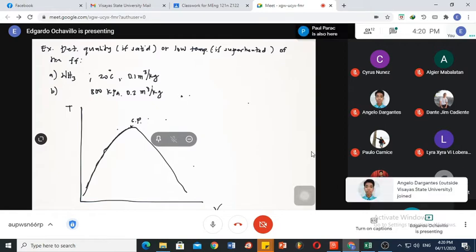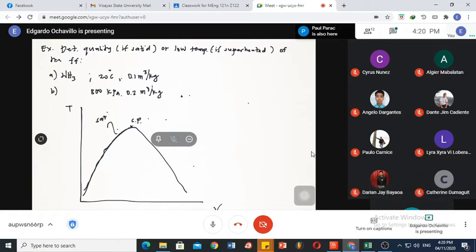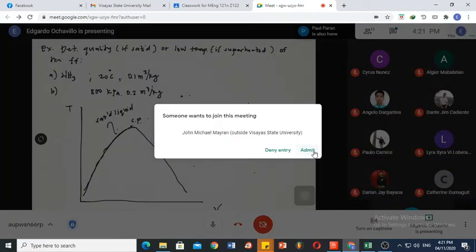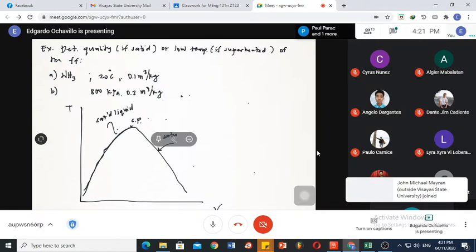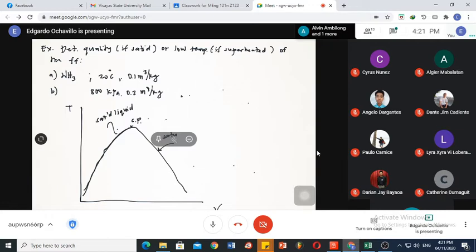This is saturated liquid, right? And on the other side, this is saturated vapor. Saturated vapor. Okay.